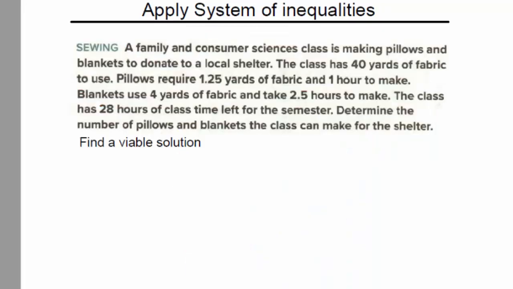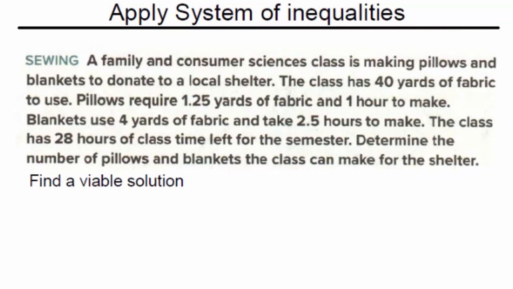Okay, for our last example, they want us to apply systems of inequalities. Family and consumer science classes are making pillows and blankets to donate to a local shelter. The class has 40 yards of fabric to use, and pillows require 1.25 yards of fabric and take 1 hour to make. Blankets use 4 yards of fabric and take 2.5 hours to make.